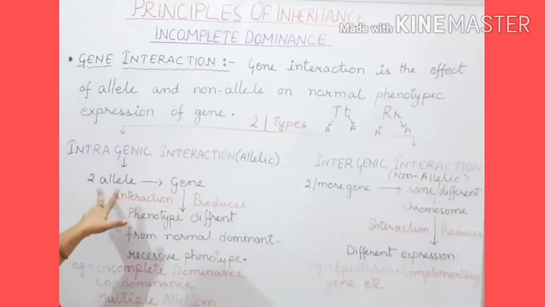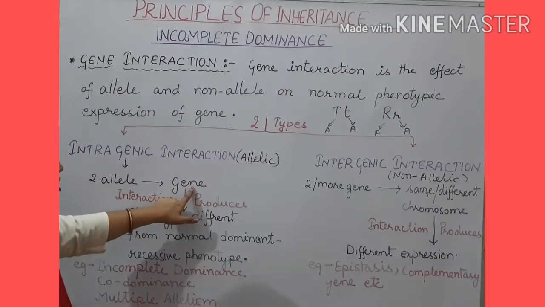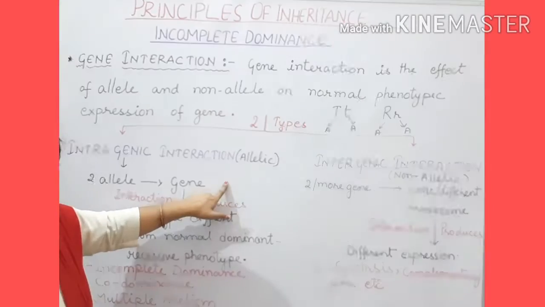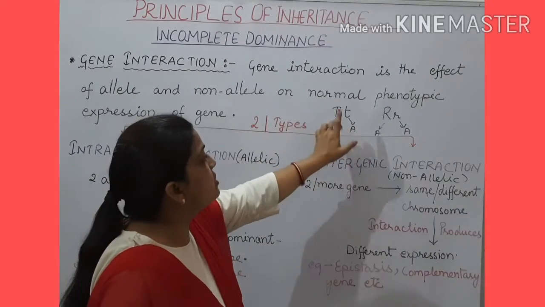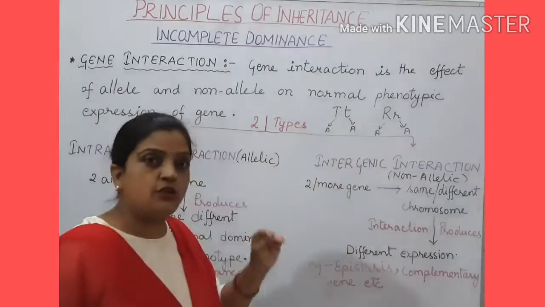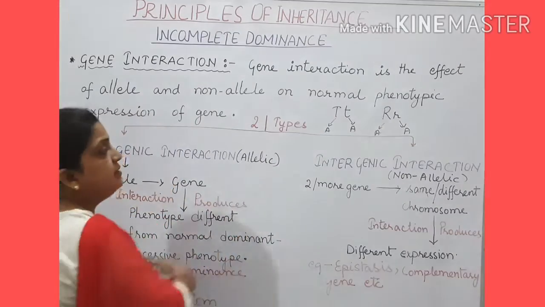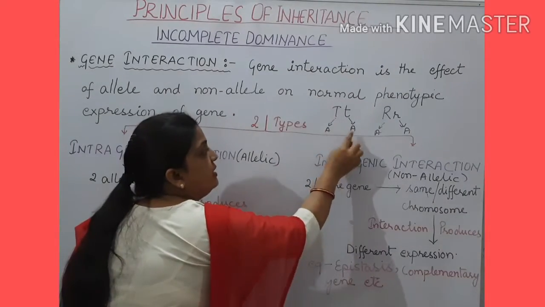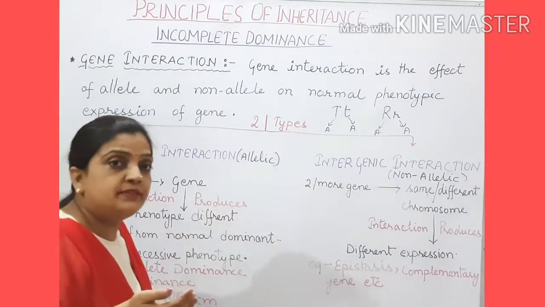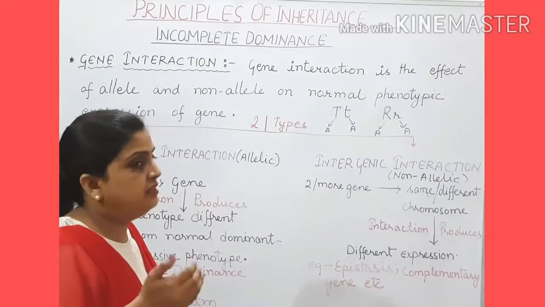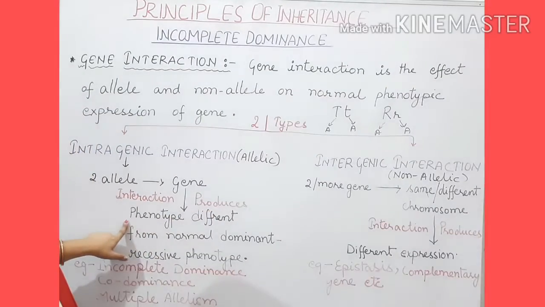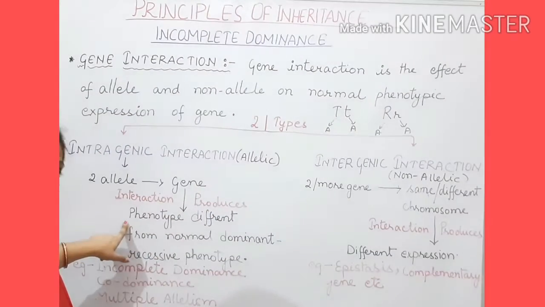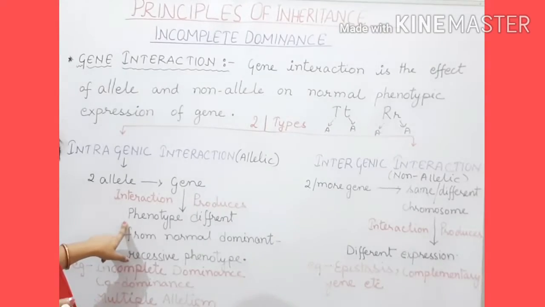Always remember, two alleles of a gene present on the same chromosome. When they interact between each other, then what will happen? They will produce a product. They will produce something. So they produce a phenotype, another character which is expressed, that is your phenotype.